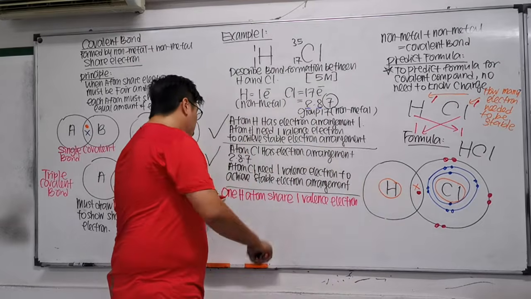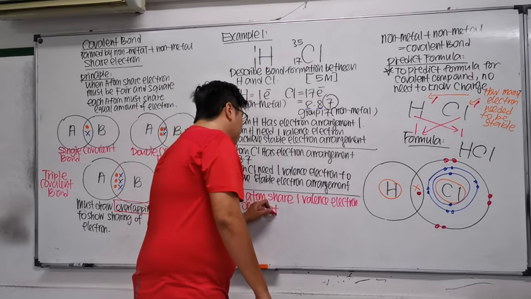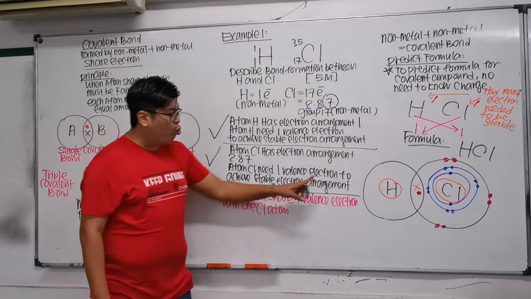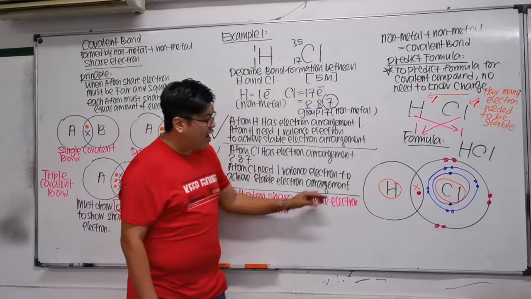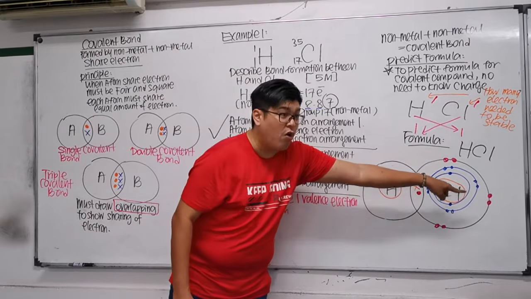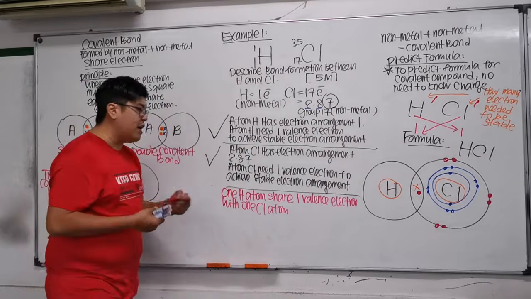Share with who? Share with 1 chlorine atom. Understand? I am hydrogen, I have 1 of it. I will share 1 electron with 1 chlorine. So after I share the electron, I form a covalent bond.